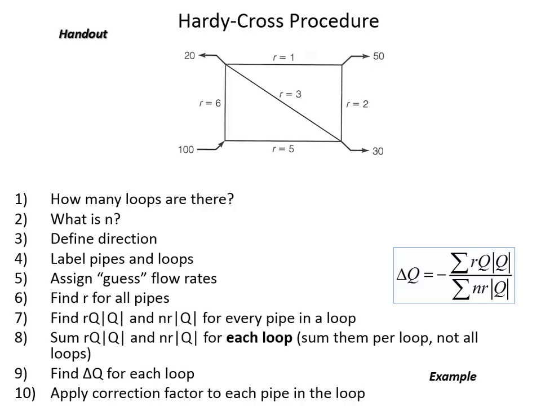So the columns that we set up today are a little bit different than the columns we're going to set up on Tuesday, because this is sort of like the training wheels version of the Hardy-Cross procedure, where we're not really considering how F changes. On Tuesday, we're going to take the gloves off, and F's going to change right along with the flow rates.